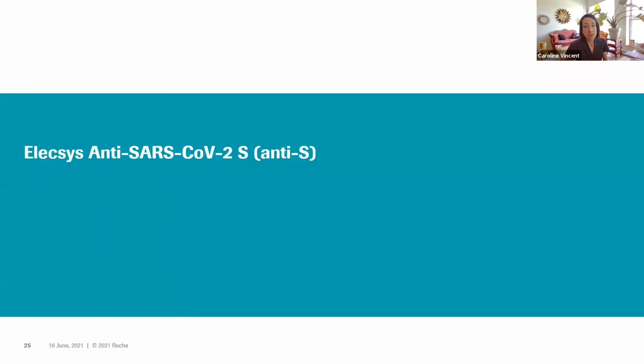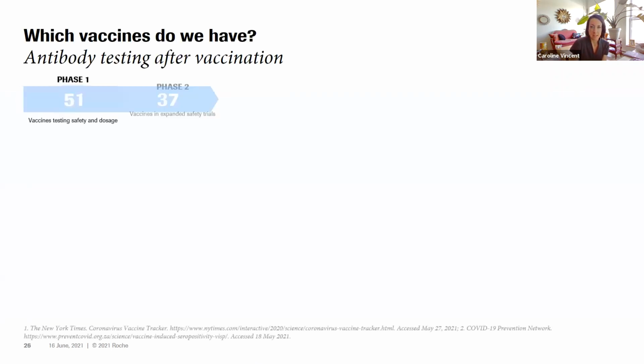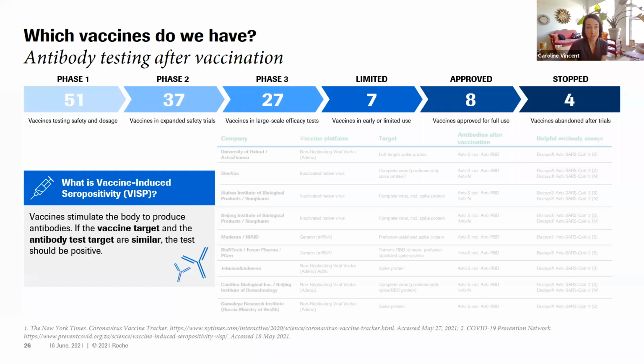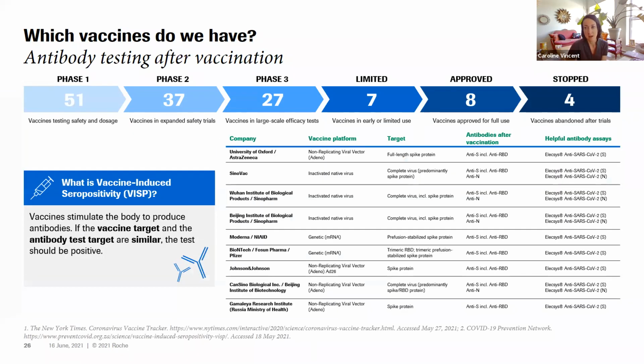Now I wanted to show you some data from our quantitative NTS antibody assay, used in the context of vaccination. Around the globe, there are currently more than 50 vaccine candidates for SARS-CoV-2 under investigation, and 8 of them have been approved for full use in various countries.